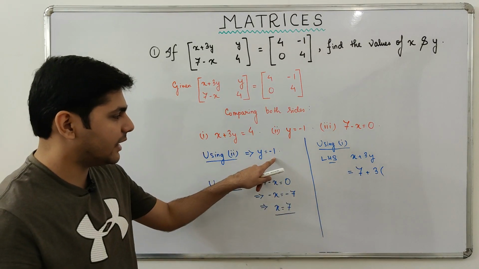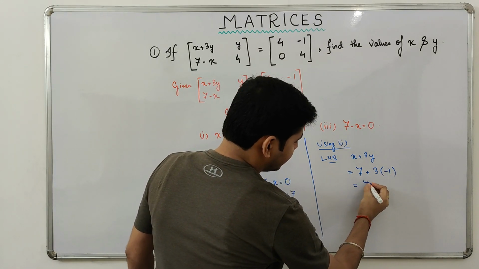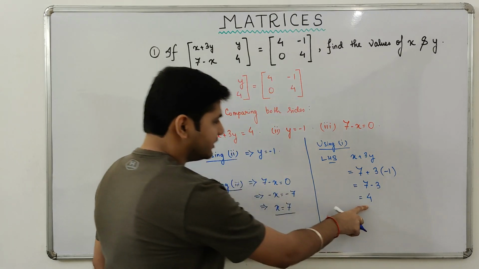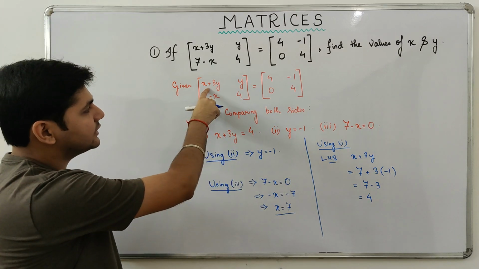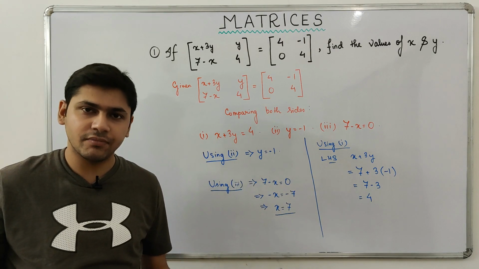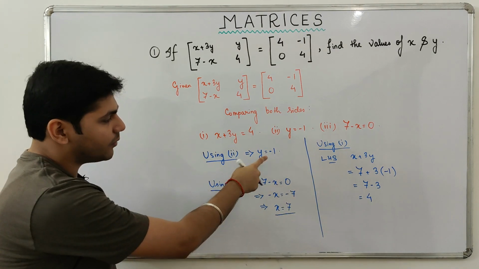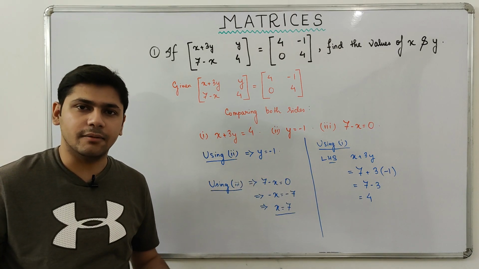The value of y is minus 1. So we ultimately have 7 minus 3, which is equal to 4, and which is equal to the right hand side. You can see for the first element, x plus 3y is equal to 4. So it is cross verified and our answer is correct. So we get the values of x is equal to 7 and y is equal to minus 1. Simple. Now we will move on to the next sum.